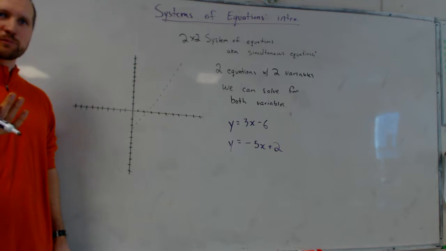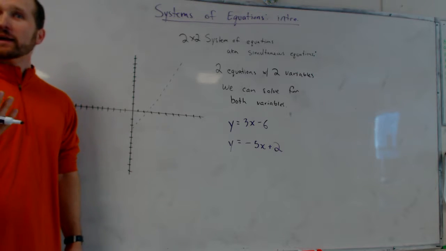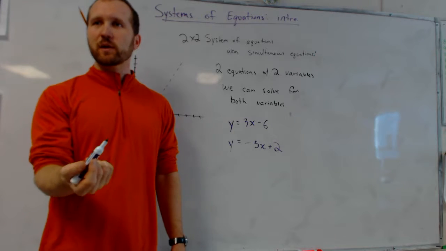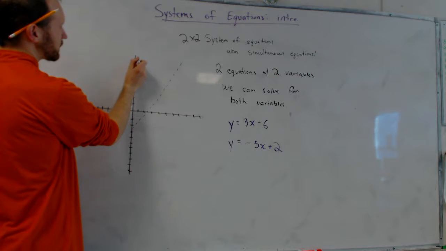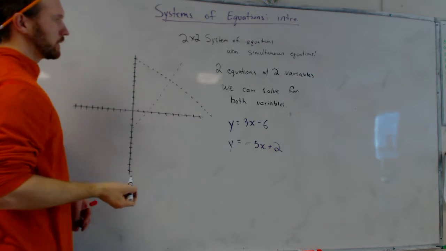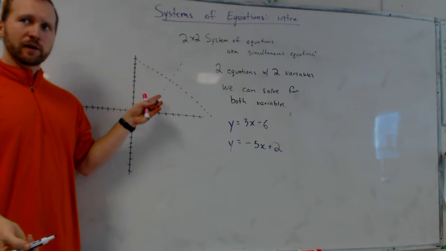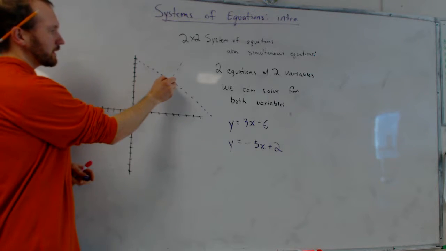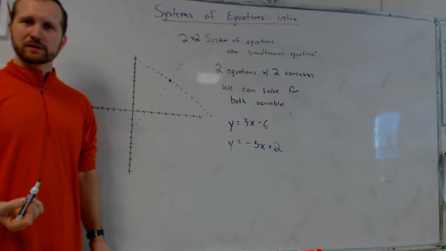Well, if it's an enemy submarine, we want to launch a torpedo at it, right? And I know enough about my torpedoes that I can figure out the trajectory of my torpedo as well. So here's maybe a possible trajectory of my torpedo. But I'm going to base the trajectory of my torpedo off of what I know about the submarine so that the torpedo hits the submarine at a certain point.